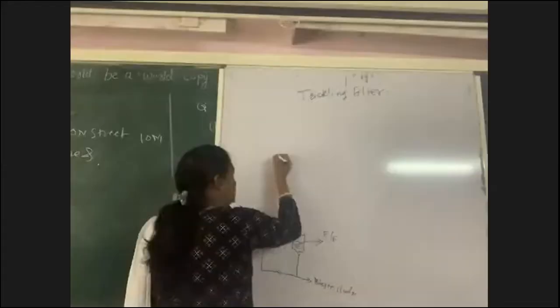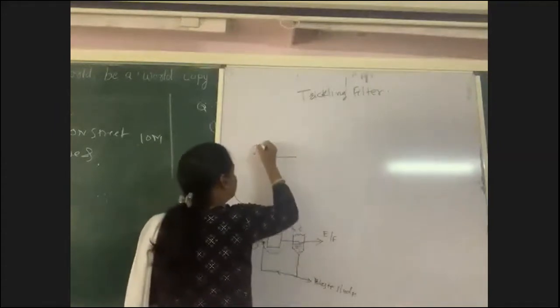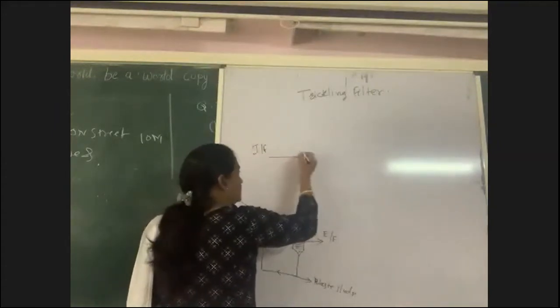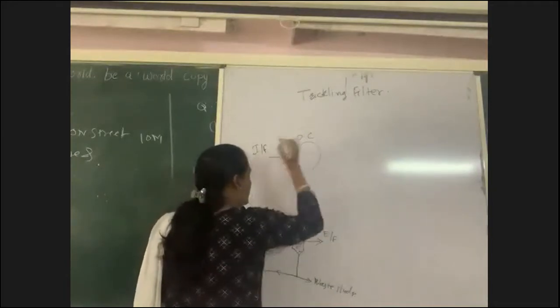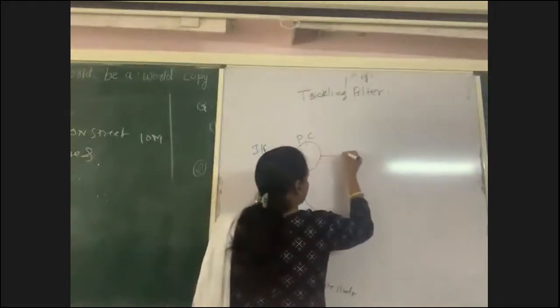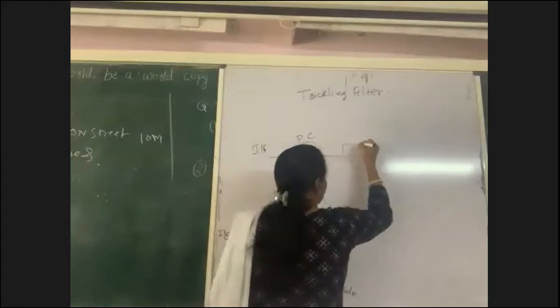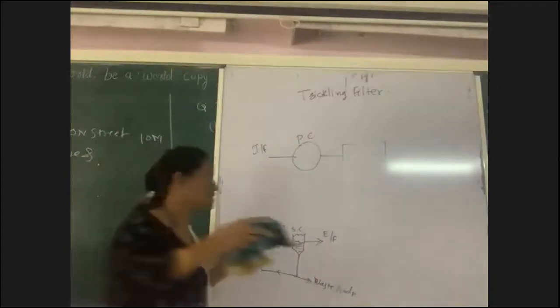I will show you the flow chart of the same. This is the influent. Then this will be the primary clarifier, or we can say primary settling tank. Then there will be a trickling filter, generally we draw it in a circular shape.